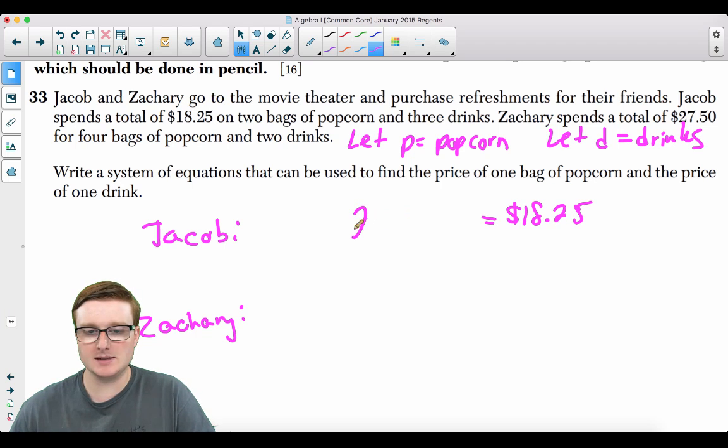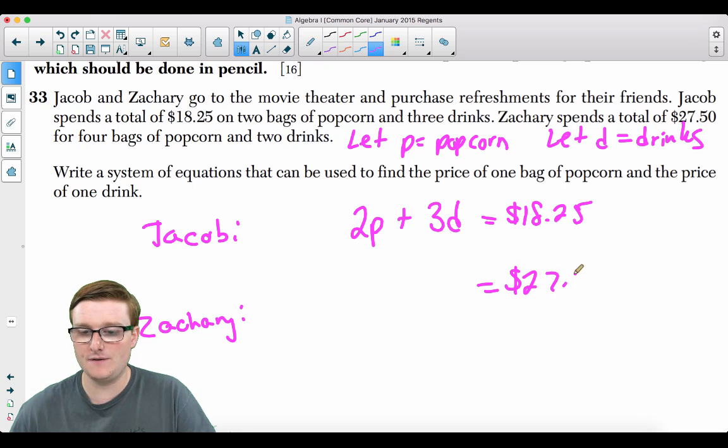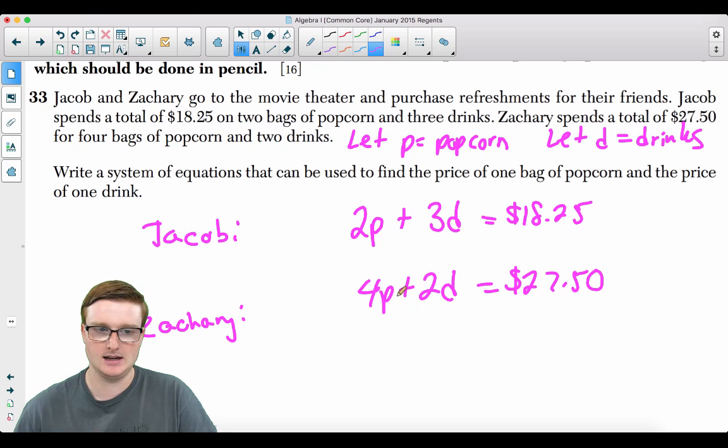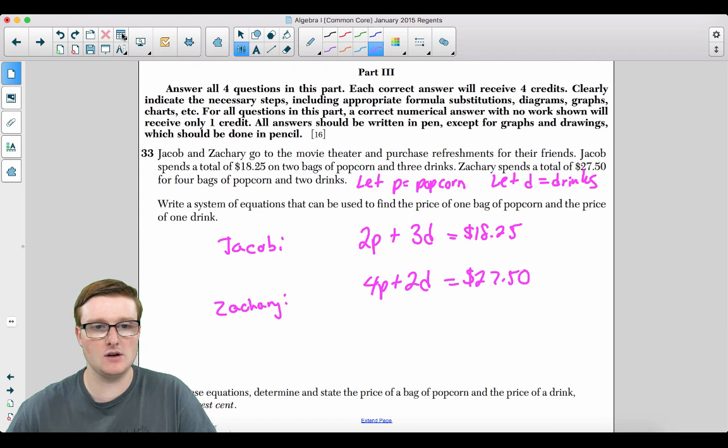He bought 2 bags of popcorn, so 2P plus 3D. Okay? And Zachary spends a total of $27.50, and he buys 4 bags of popcorn and 2 drinks. Write a system of equations. You are done. So these are your 2 equations.